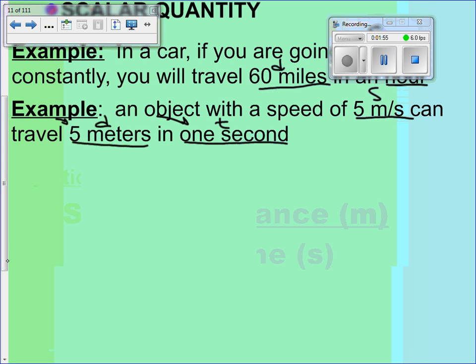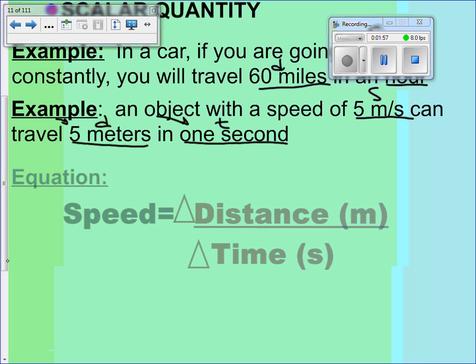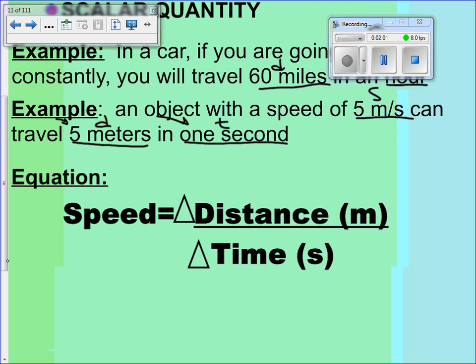So then I'm going to give you the equation for calculating speed. We have speed equals, and then this triangle is a delta, and a delta is a sciencey way of meaning change in. So when you see that triangle, that delta, speed equals change in distance over change in time.